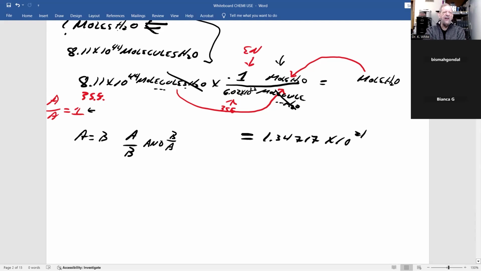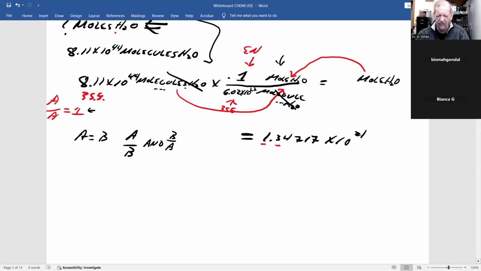When you do multiplication or division, you get the same number of significant figures in your answer as the number with the fewest. In this case, it's 3. So we now have to round this number off to 3 significant figures.